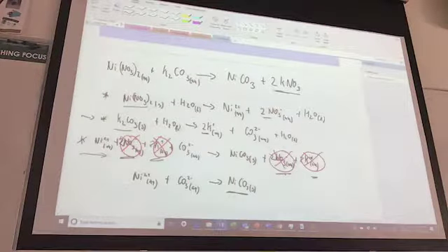So I get nickel carbonate being produced, and in order to produce nickel carbonate, I'm reacting nickel and carbonate, so potassium and nitrate are not involved in that reaction. So that's why they're spectator ions.